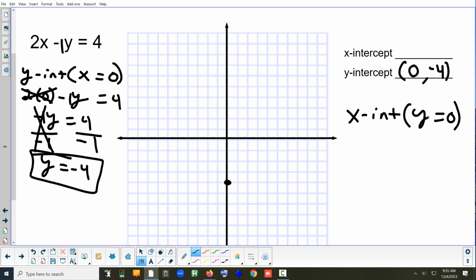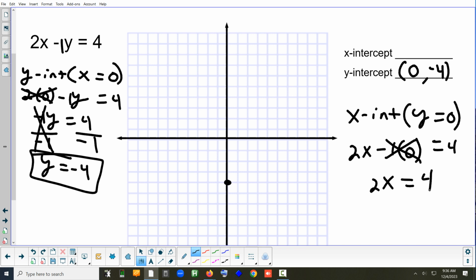So we have 2x minus 1 times, we're filling in 0 for y. What's negative 1 times 0? 0. What do I have now once that cancels out? 2x and 4.